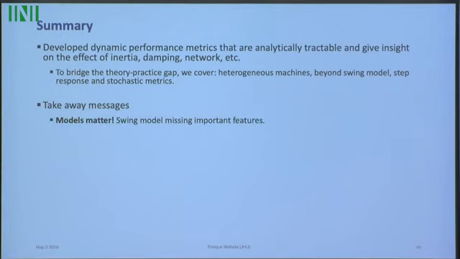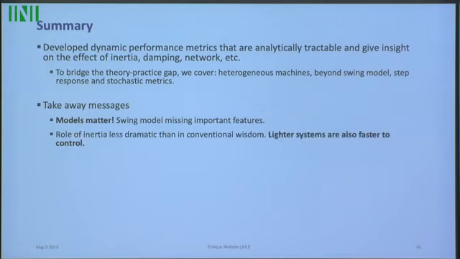I think the takeaway message, number one, is that model matters. If you have step disturbances, the swing model alone clearly is not important. And I'm sure for power engineers, it's like, yeah, I agree. So this idea that low inertia is something bad is arguably not necessarily true.